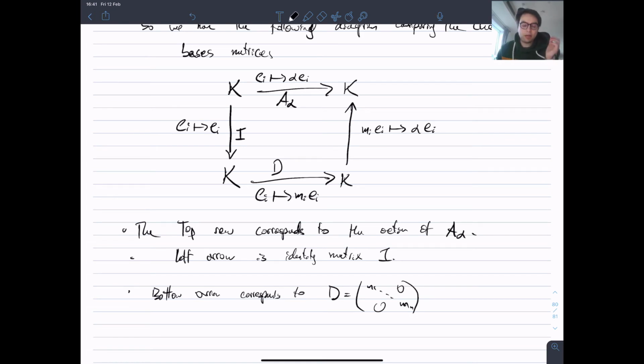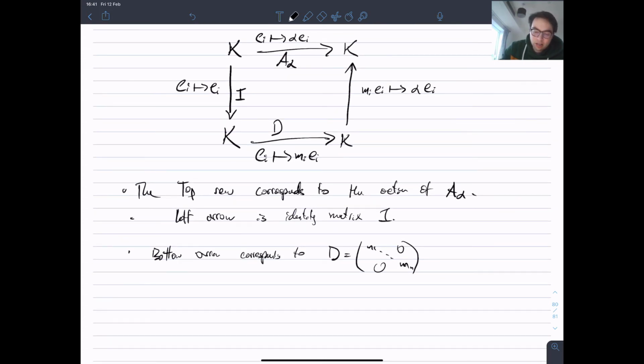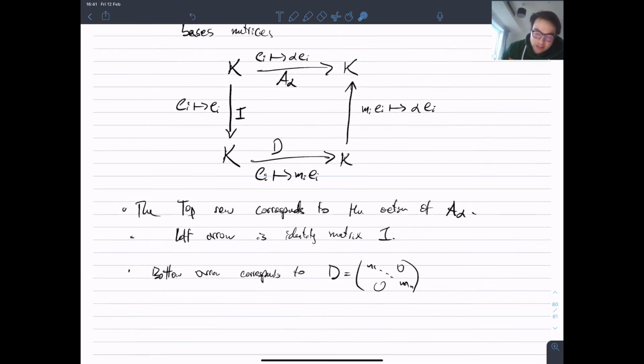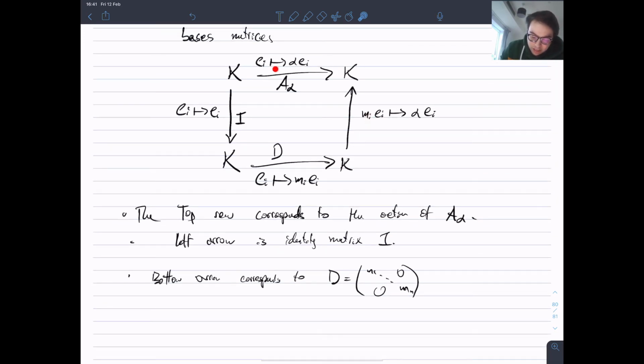I take my basis element m1 e1 to m1 times e1, and so on. And this matrix here is the change of basis matrix between two different bases. The key thing to note is that this is a change of basis matrix between two different integral bases.